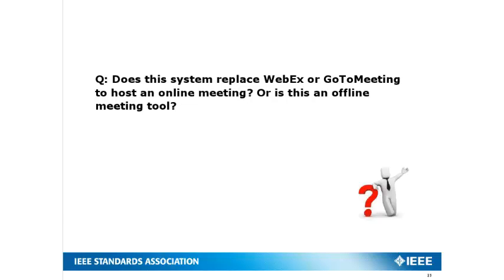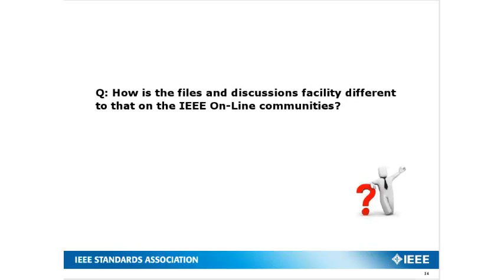So if you have an audio portion of your meeting and you want to share documents with people, you can post those documents into the collaboration space and then have your teleconference and direct those people on your phone call to specific documents in the workspace. That might be one way of looking at it. But no, they're two different types of applications.